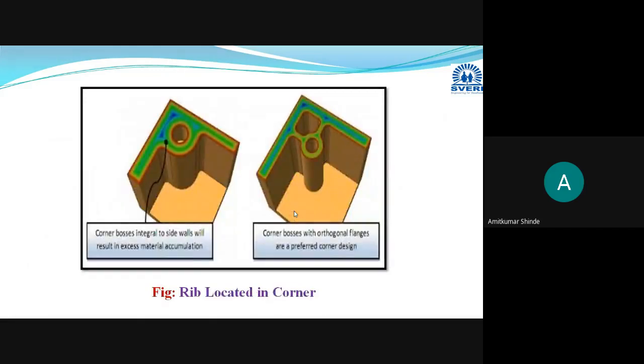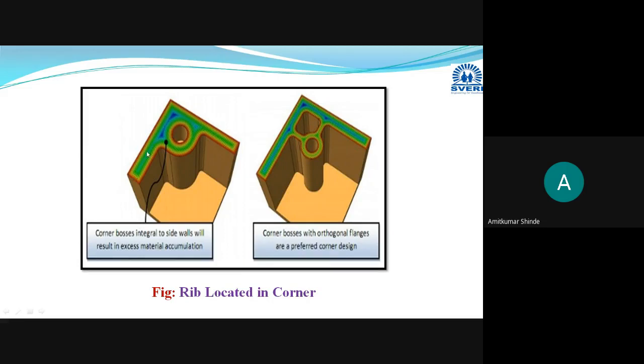Okay, so here, this is the rib part. This is the rib, this is the boss. In this first diagram, you can see only boss is provided here, only boss at the corner. As boss is at the corner, this side becomes more thick.